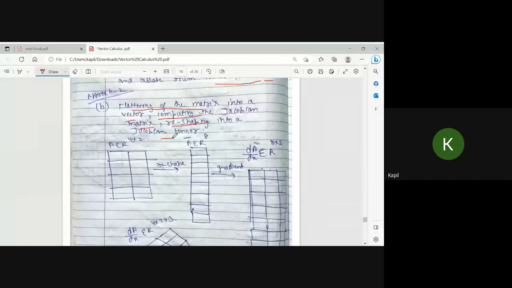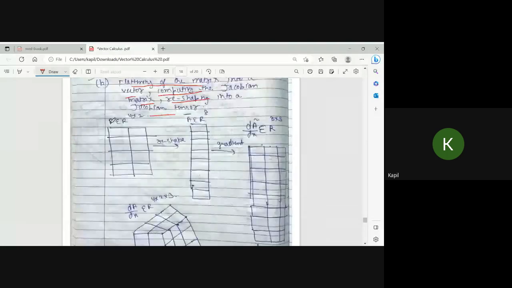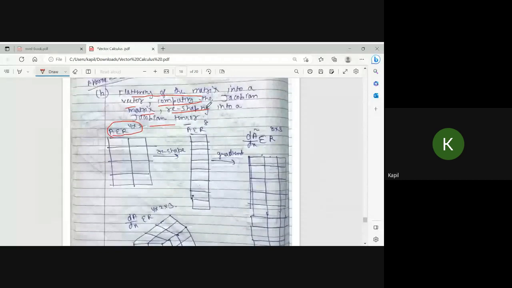Let us consider a matrix A belonging to a 4 cross 2 dimensional matrix. First of all, we have to flatten this matrix into a vector. So we are reshaping this matrix into 8 into 1 dimensions, so 8 rows and 1 column.